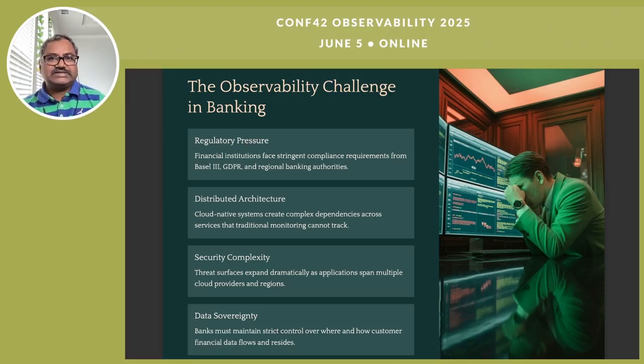We are increasing the surface of the application, and thereby we are seeing security complexity at the same time. Most important is data sovereignty. Banks must maintain strict control over where and how customer financial data flows and resides. We need to resolve all these things in this modern architecture.